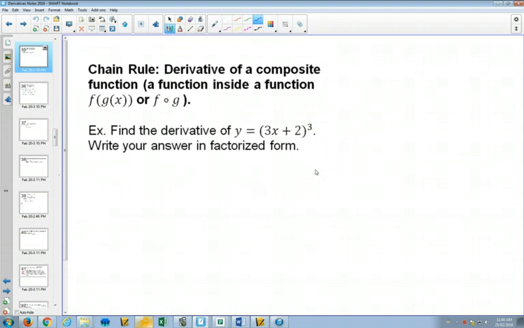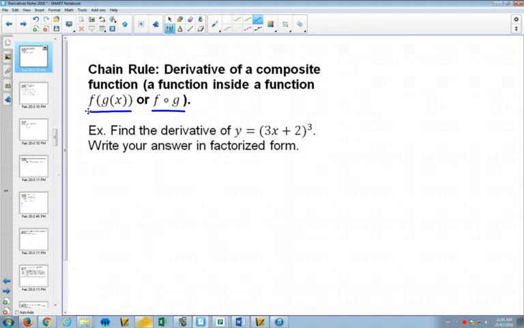Now with composite functions, in the past you've seen this notation in two different ways. This is the intuitive way, where g of x is a function that's inside of f of x. And I think when we write it that way, it's really easy to see that we have a function g of x inside of f of x. We also have this notation, which is a little unclear, maybe because it spells the word fog.